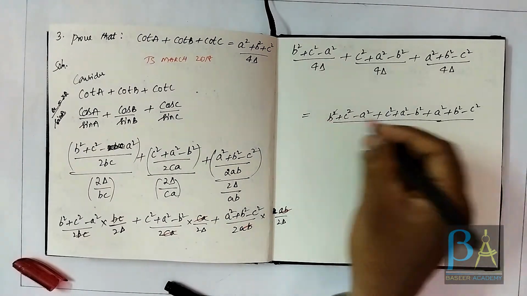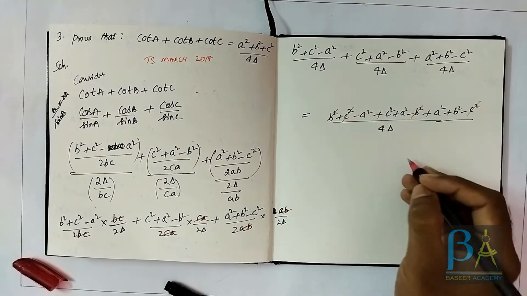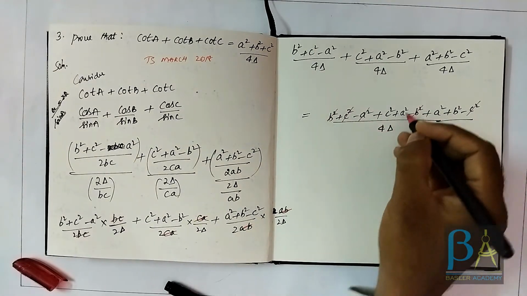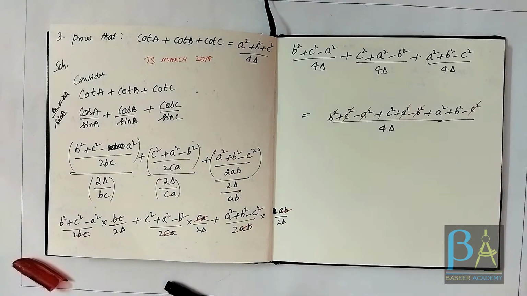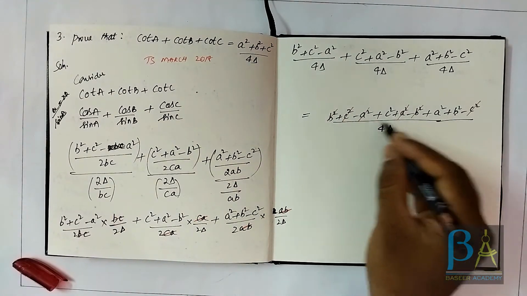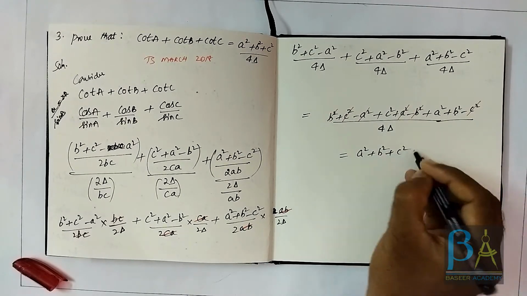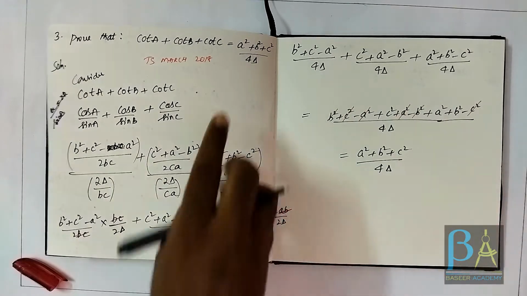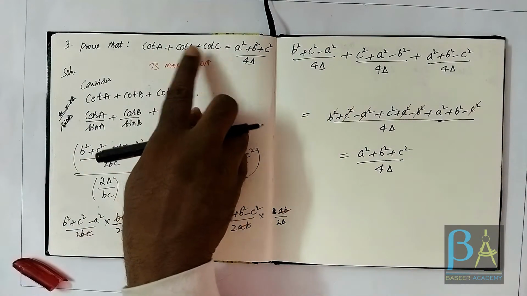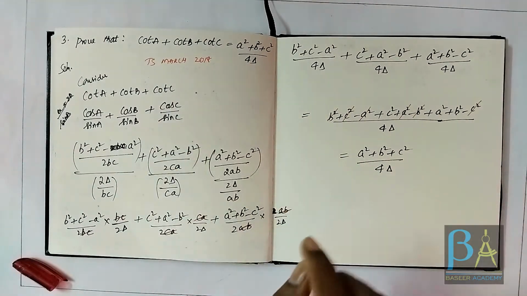B square and minus B square cancel out. Plus C square minus C square, they cancel out. Minus A square plus A square, they cancel out. And we are left with A square plus B square plus C square by 4 delta. We were supposed to prove that cot A plus cot B plus cot C is A square plus B square plus C square by 4 delta, which we did.